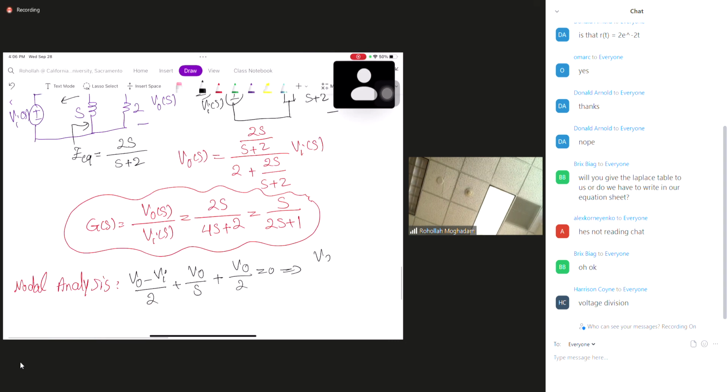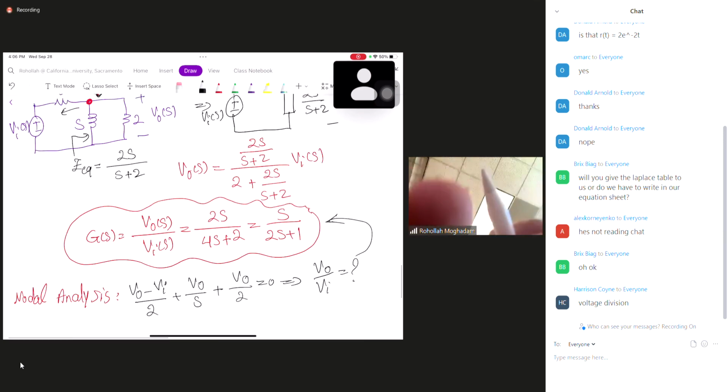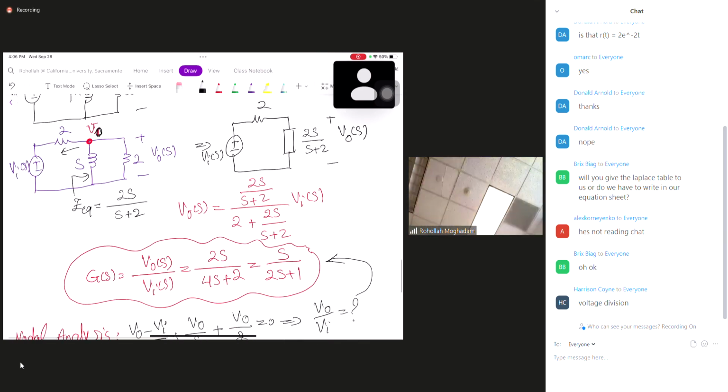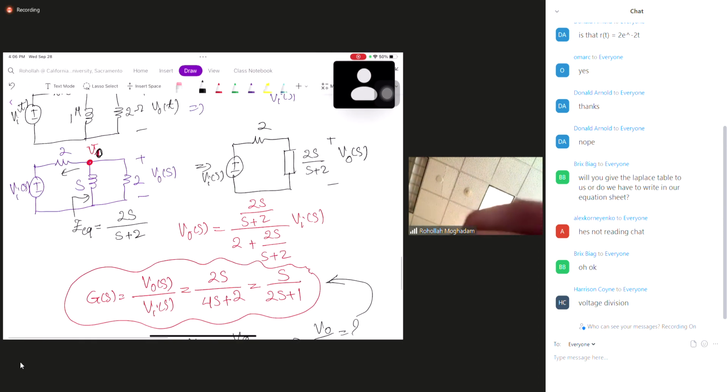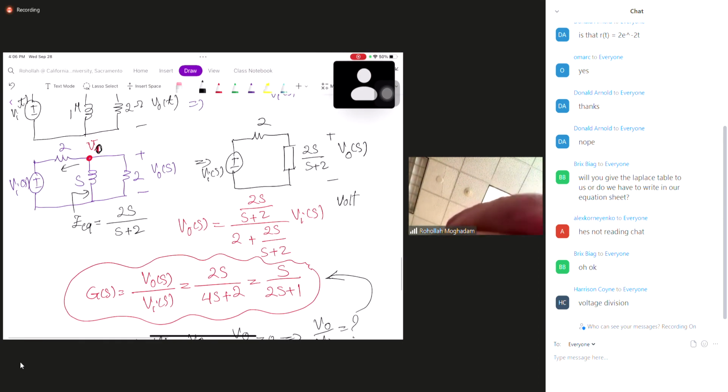Then from here, you can find VO over VI, which is going to be the same as what we did over here. But once you have some series or parallel circuits, you can simply use the voltage divider. Any question here?